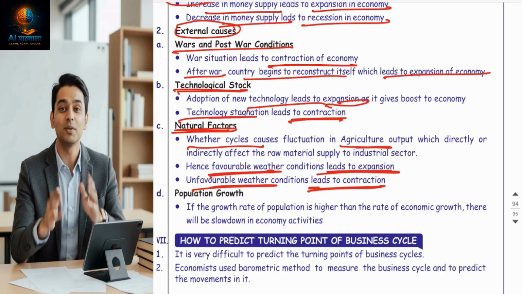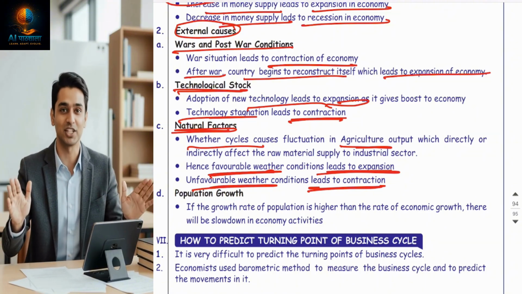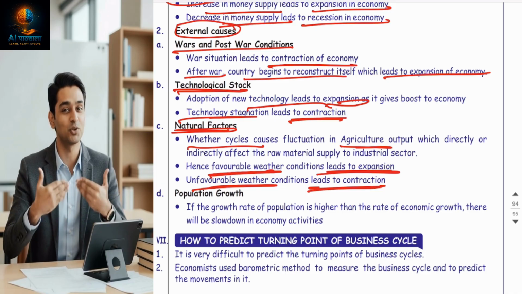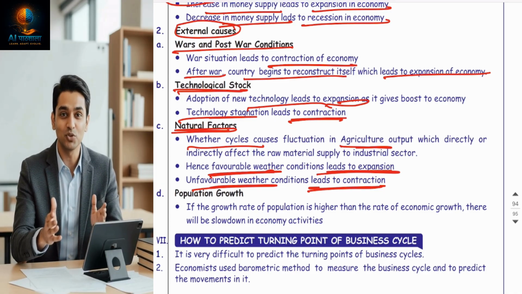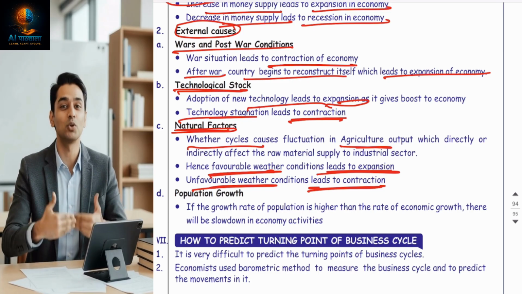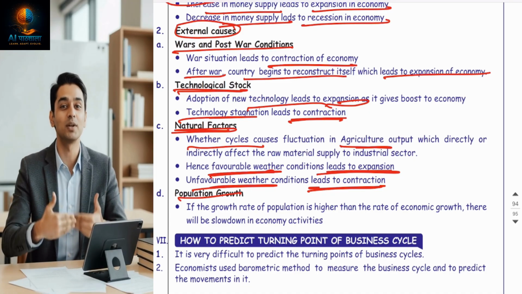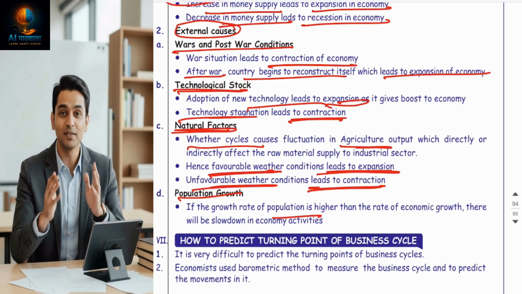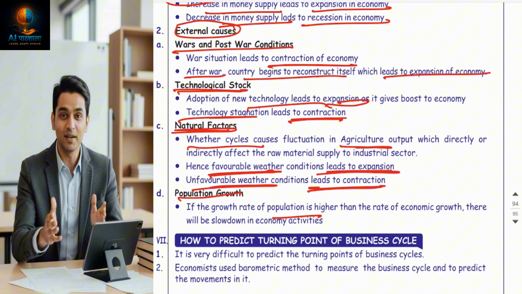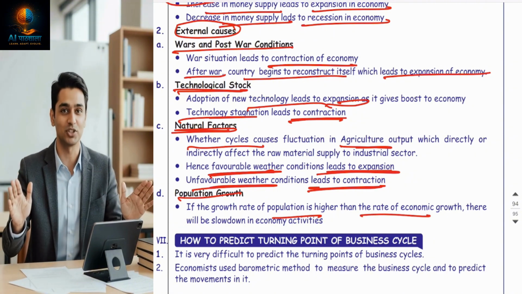When I say emotions, I talk about investments, optimism and pessimism of business communities, public's demand, everything contributes to business fluctuations. Am I correct? Yes. Population growth also matters: if population growth is high, it slows down economic growth. Am I correct? Yes, sir.